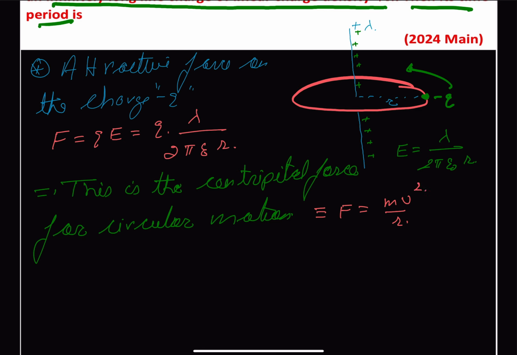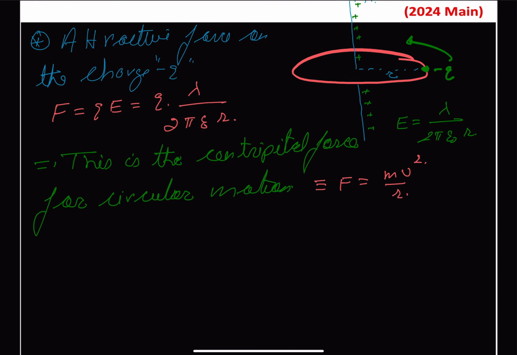So we can equate both expressions and we get this as q lambda upon 2 pi epsilon naught multiplied by r is equal to mv square divided by r.